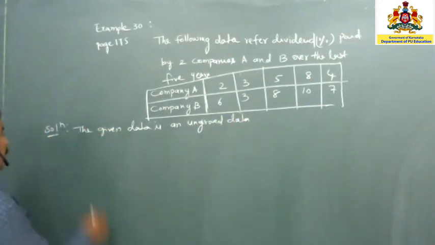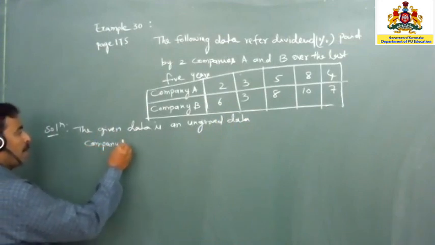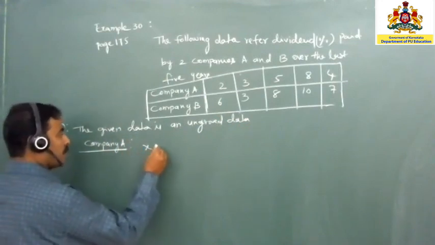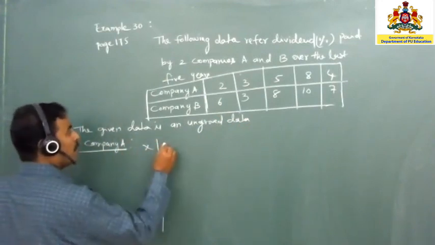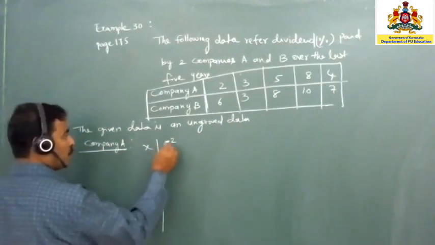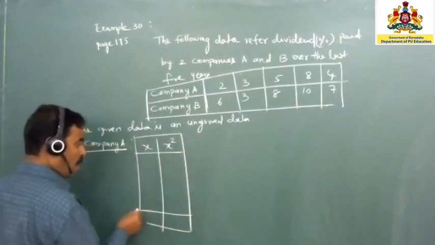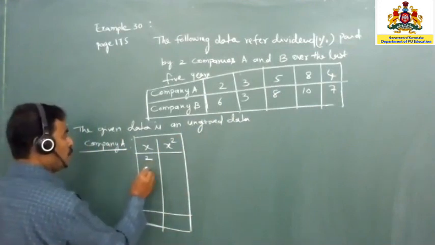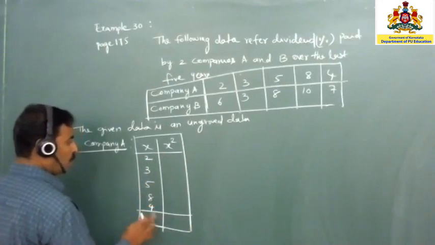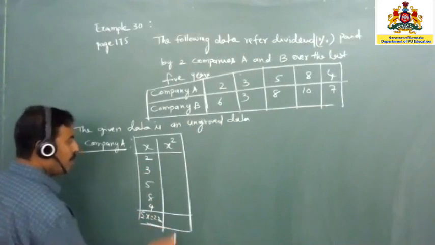I'll take company A first. Values of company A are taken as x, and x square for calculation of standard deviation. The x values are 2, 3, 5, 8, 4. Total is 22. Summation x equals 22.